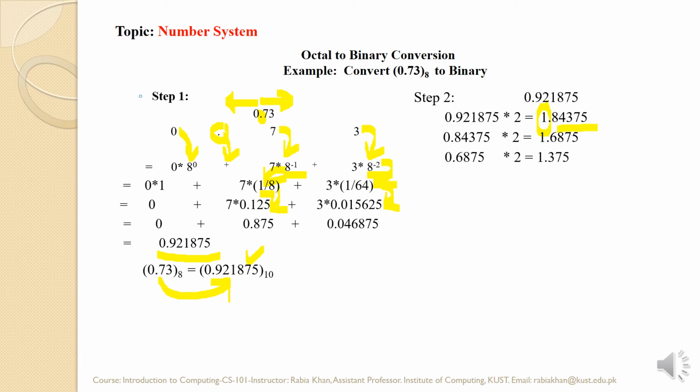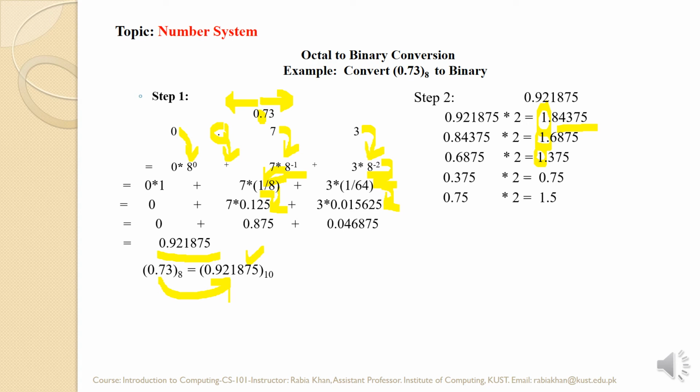So again we multiply 0.84375 with 2, and the result is 1.6875. 1 is again stored, and the fractional part 0.6875 is again multiplied by 2, and the result is 1.375. Again the integer part is stored and the fractional part is multiplied again. So 0.375 is multiplied by 2.